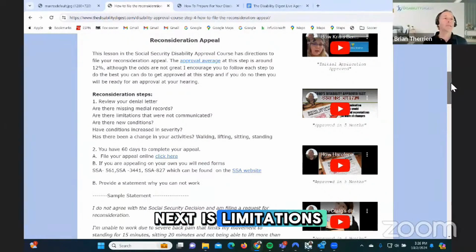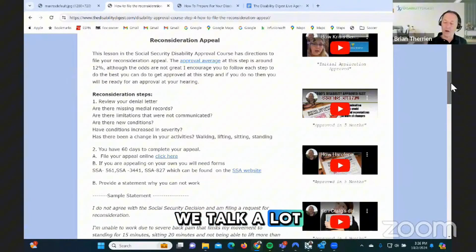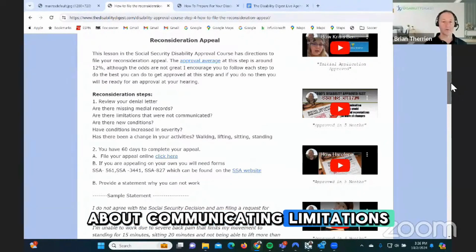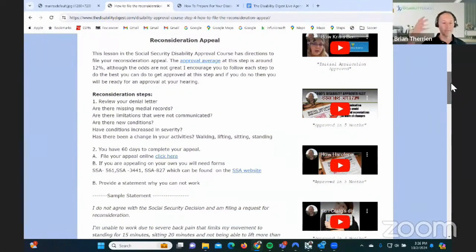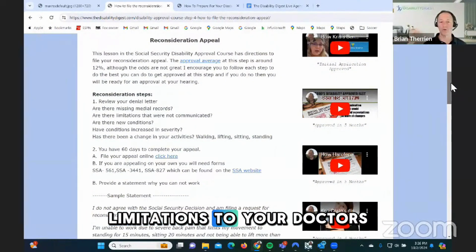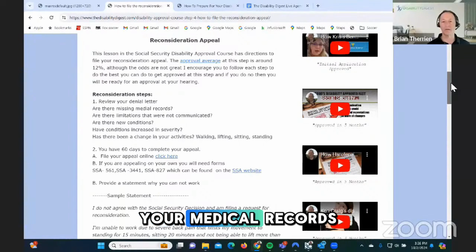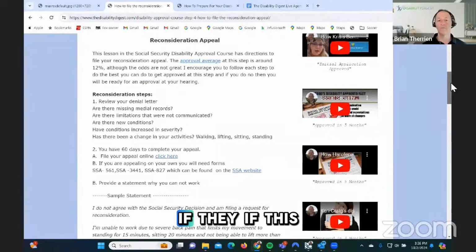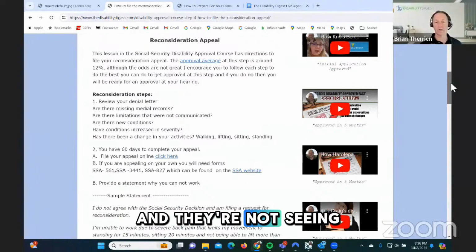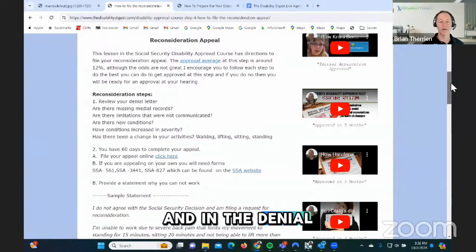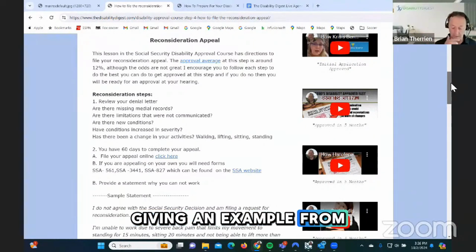Next is limitations. We talk a lot about communicating limitations and journaling and bringing your top limitations to your doctors and getting them into your medical records. If this is not clearly communicated and they're not seeing this in the denial letter and it's not mentioned, for example, I had somebody who was giving an example from yesterday.